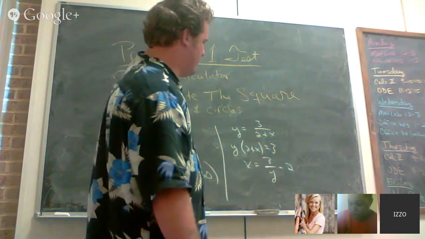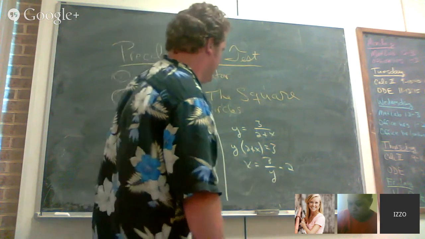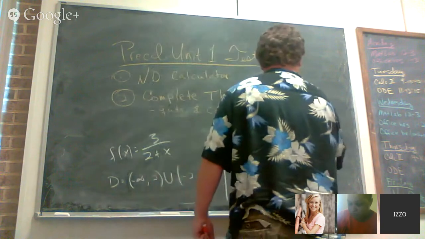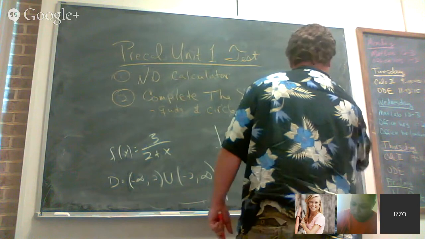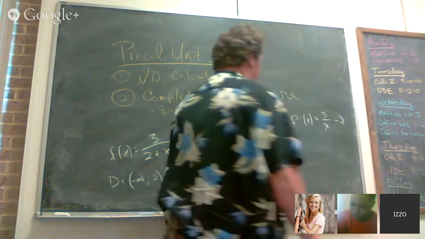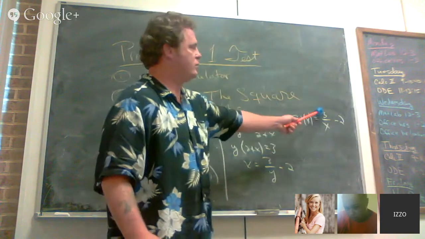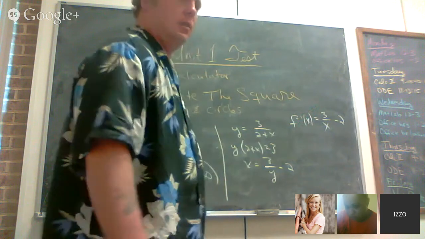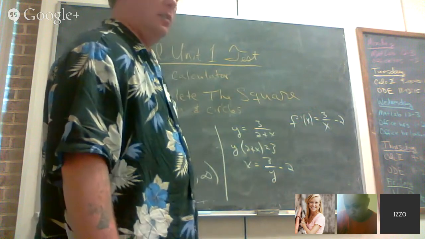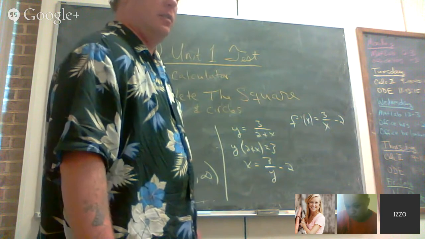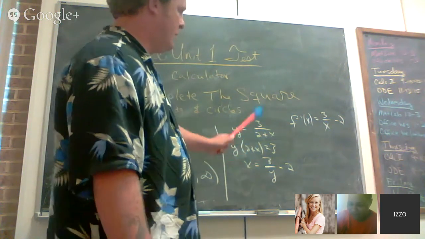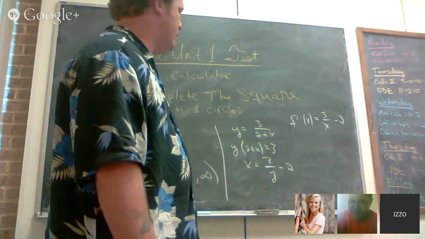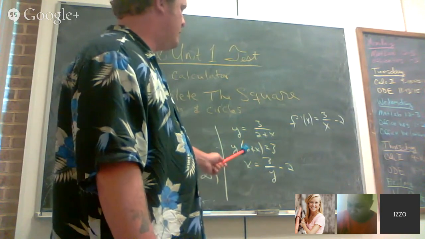So that's my inverse function there: f inverse of x equals 3 over x minus 2. Or I could say f inverse of y equals 3 over y minus 2. You guys with me there? I may have gone a little fast on the multiplication here, but you can figure that out when solving this.